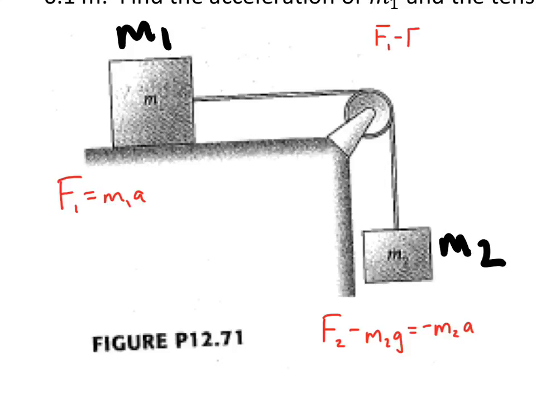We found that F1 minus F2 equals negative 1/2 m times A. So now we have a system of three equations.